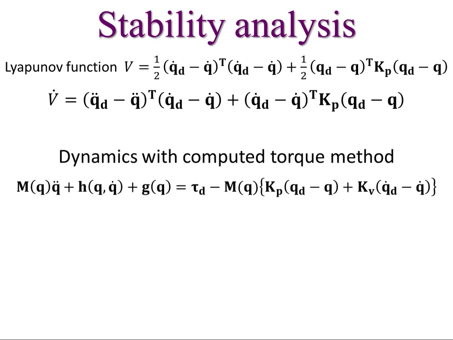Therefore, let's derive the motion equation when we use the computed torque method. By substituting the control law of the computed torque method into tau of the equation of motion, we obtain this equation. Since the tau d on the right side contains the centrifugal Coriolis term h and the gravitational term, these terms cancel out with h and g on the left side.